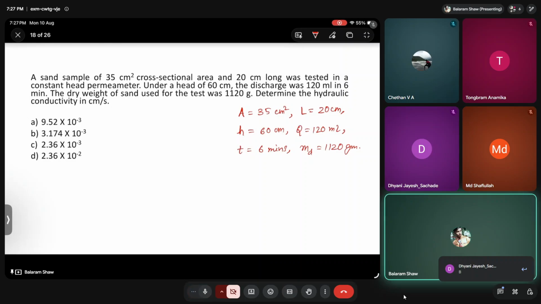Okay, maybe then I'll also do B. So first, I'll convert Q in from milliliter to meter cube or centimeter cube.